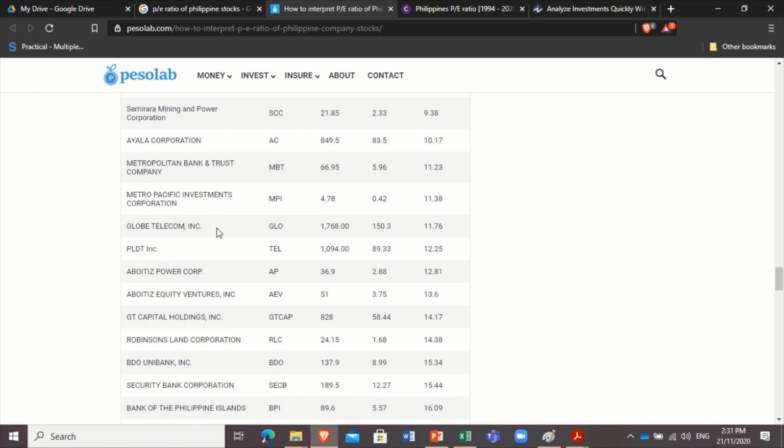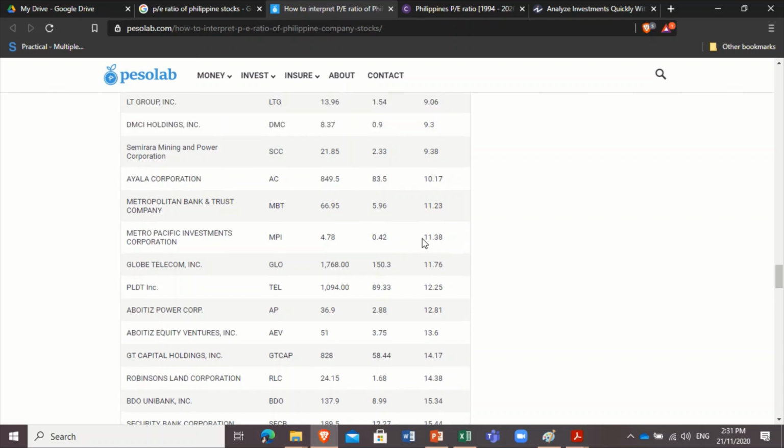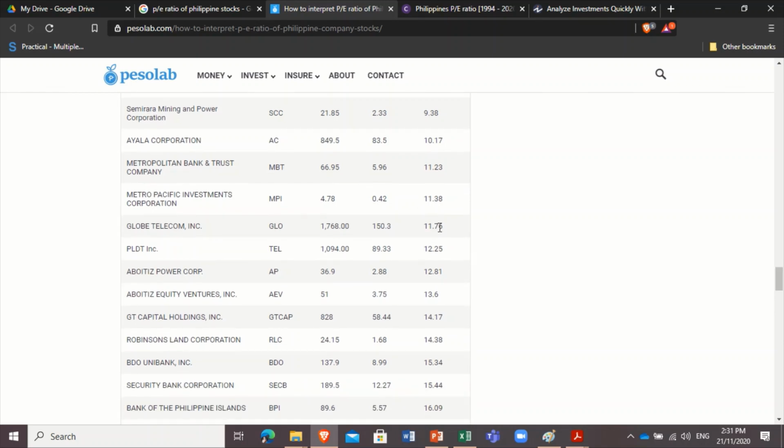But here's the deal. Look at this, Globe Telecom. Price to earnings is only 11.76, meaning this is cheaper. No? You're only shelling out 11.76 as compared to the 12.25 for an earning which is significantly higher as compared to PLDT.